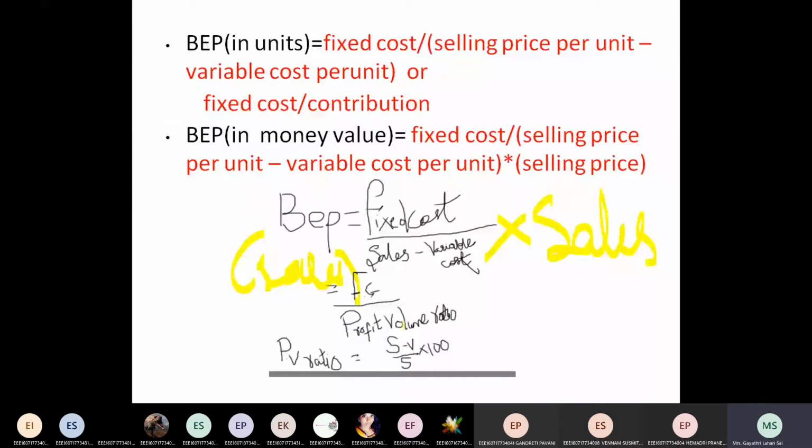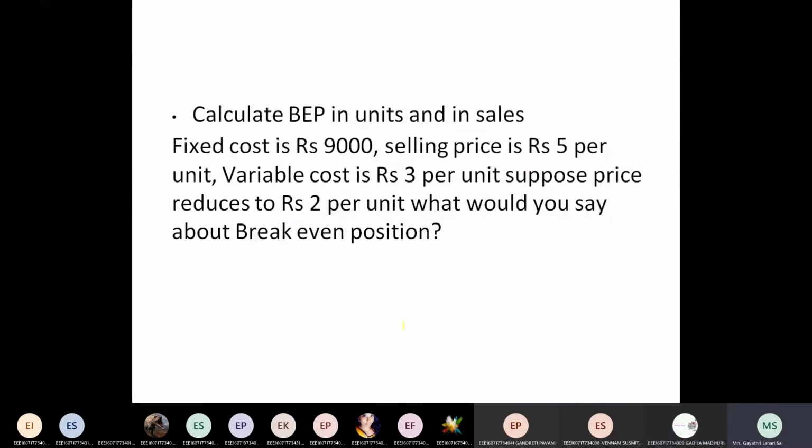Sales formula is this, whatever I've written in the yellow, into sales. Just multiply the sales to that and you will be getting it. 22,500. Okay. Please all of you take time. I'm giving you 2 minutes. Please solve it.